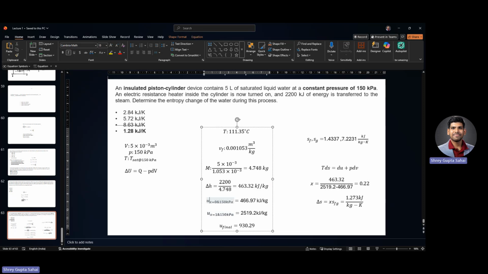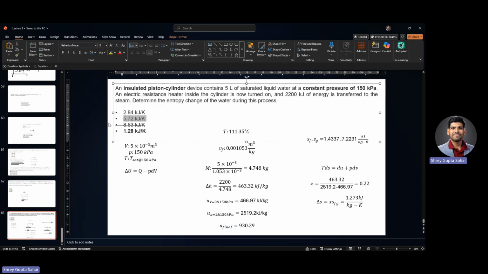And if I accordingly correct all my further steps from that side, I can actually find my delta S, and it will roughly come out to be 5.72. So we were off because of this delta H issue.